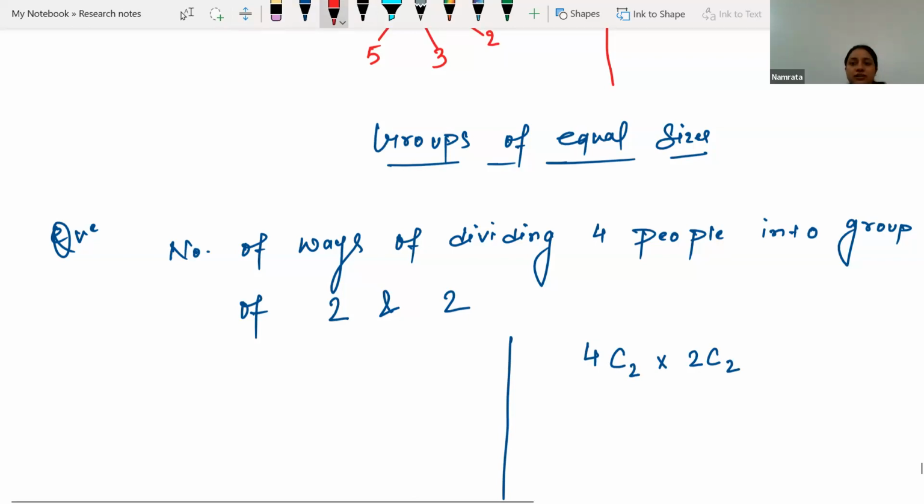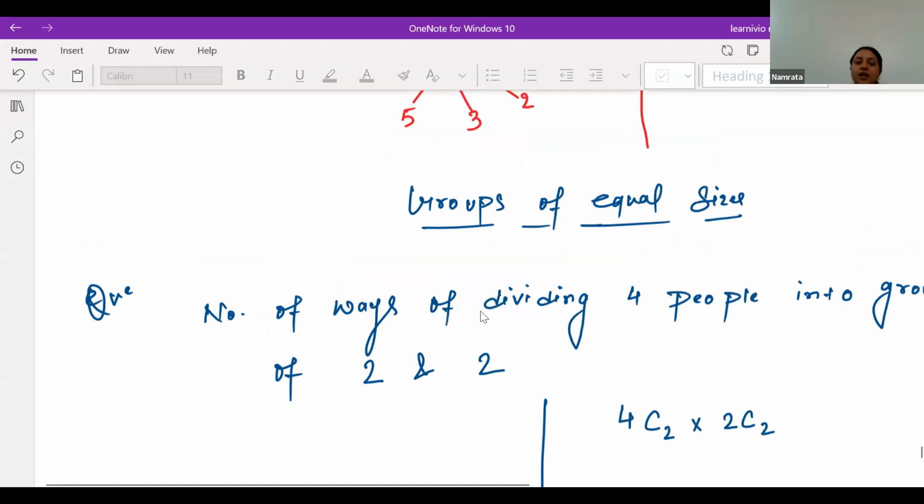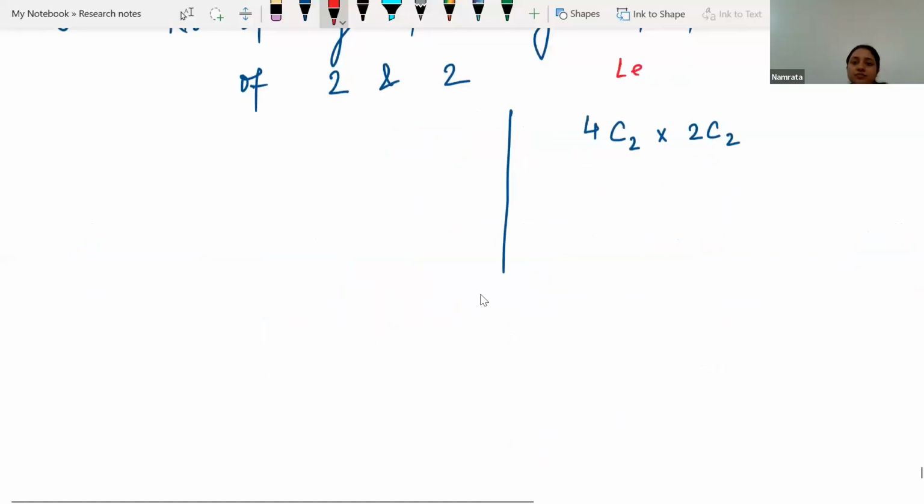If I am arranging your name, we will be taking 2 factorial in the denominator because 2 letters are the same. Similarly, here also, since both the groups are of the same size, we will be taking 2 factorial in the denominator.